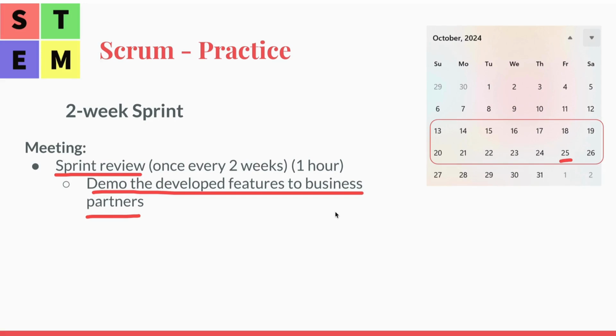For example, some adjustment to the features we've developed, and if the feedback is important, then the newly created product backlog item could be priority 1. If it's less important, we could mark it as lower priority. So those are the feedbacks.